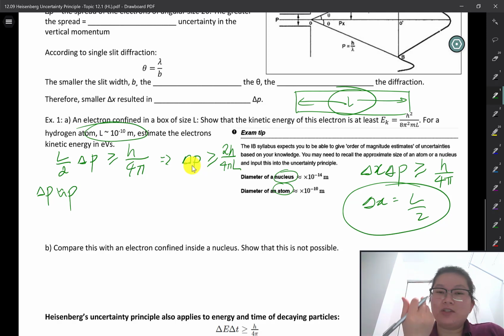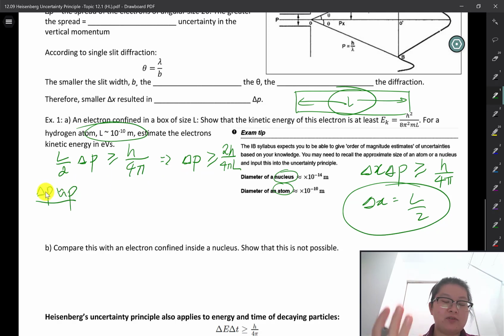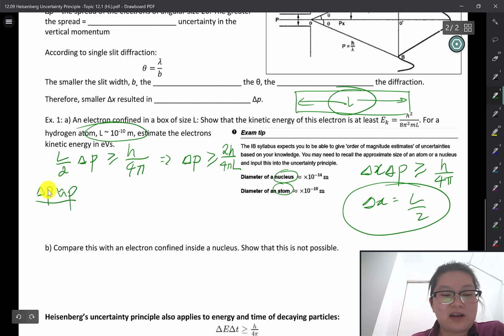We're not going to get any sort of precise value. It's just an estimate. It's kind of saying that we're looking at the range of momentum anywhere from 0 to a maximum of p. But all of this is an estimation.